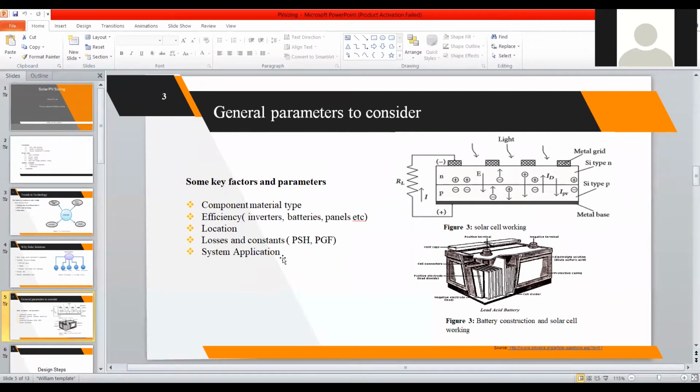Then you also want to see where you are going to put your system, or what the application of the system is. Is it going to be mobile, or is it going to be somewhere fixed? Those are some of the parameters that you want to look at before you even begin designing the system. So having said that, I think we'll dive into the design steps of the system.